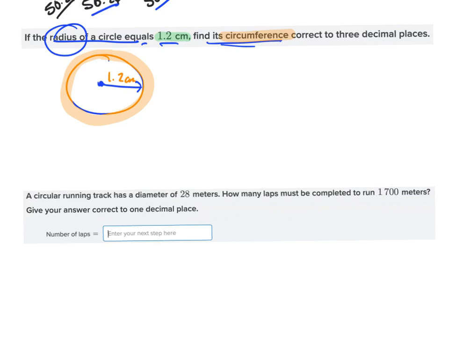We talked about the formula for circumference: circumference equals 2 times pi times the radius, which we can write as 2 times the radius times pi when we use the commutative property. Our radius is 1.2 centimeters, so we're going to have 2 times 1.2 times pi. 2 times 1.2 is 2.4 times pi.